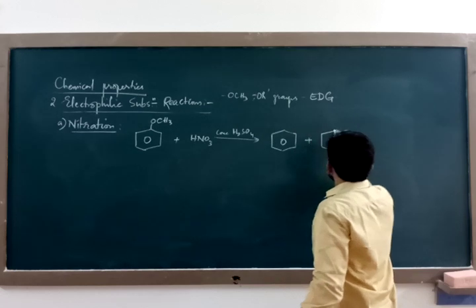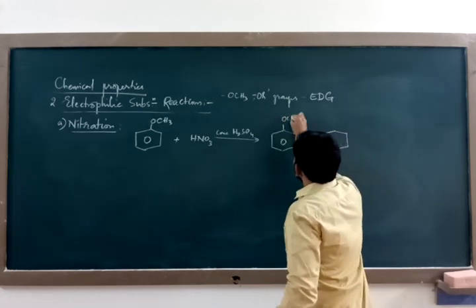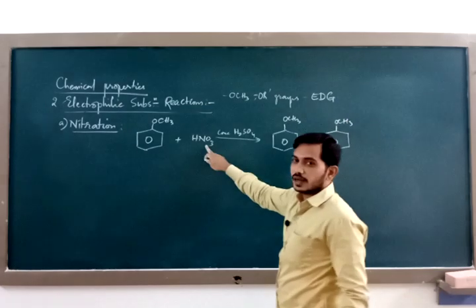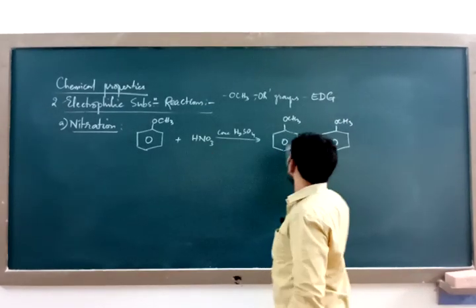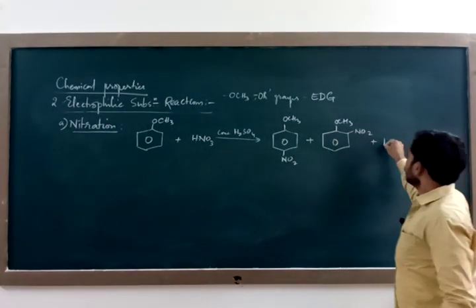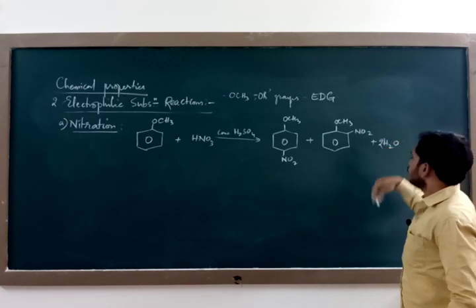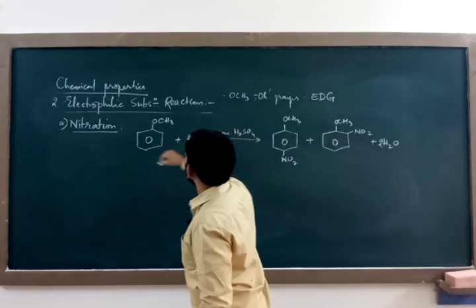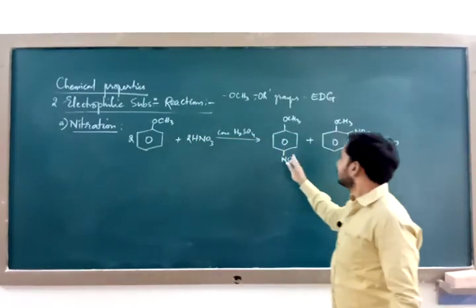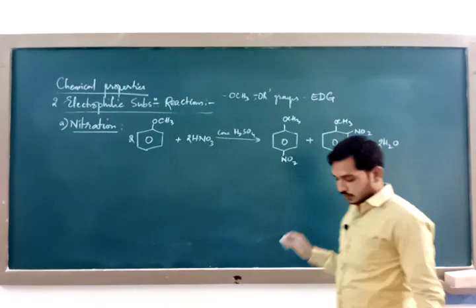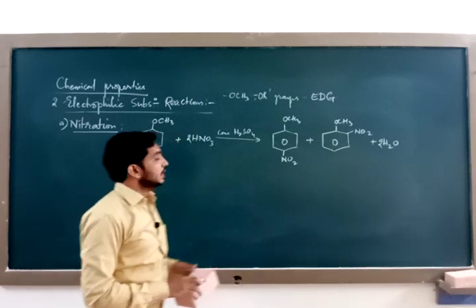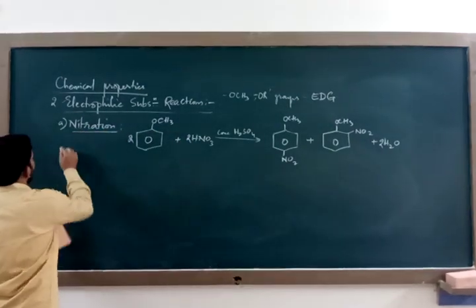Those two products should have same methoxy group undisturbed, but you should attach nitro group, once at para position, the other time at ortho position, followed by water. 2 molecules of water, so 2 molecules of HNO3, 2 anisole. So whenever anisole is nitrated, you have para nitroanisole and ortho nitroanisole as the products, out of which one is major? Para is major.